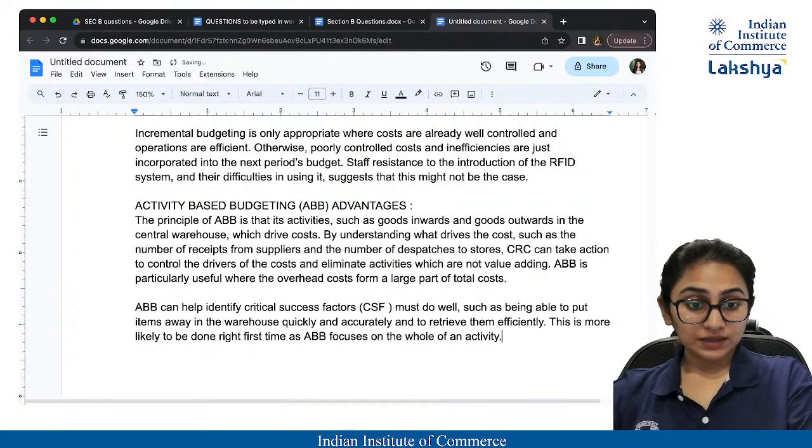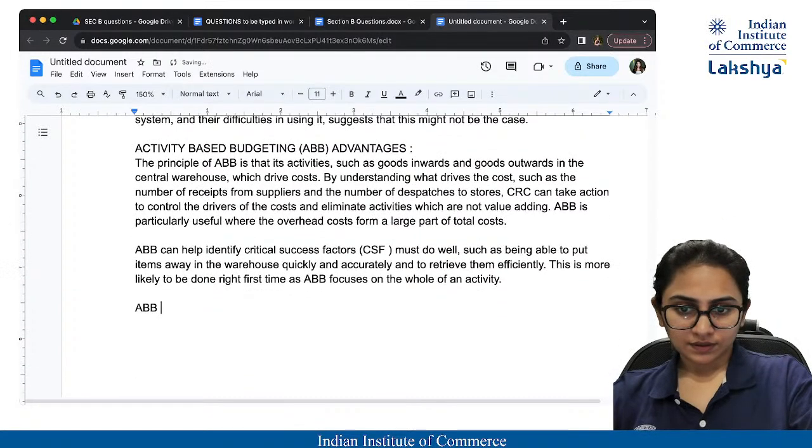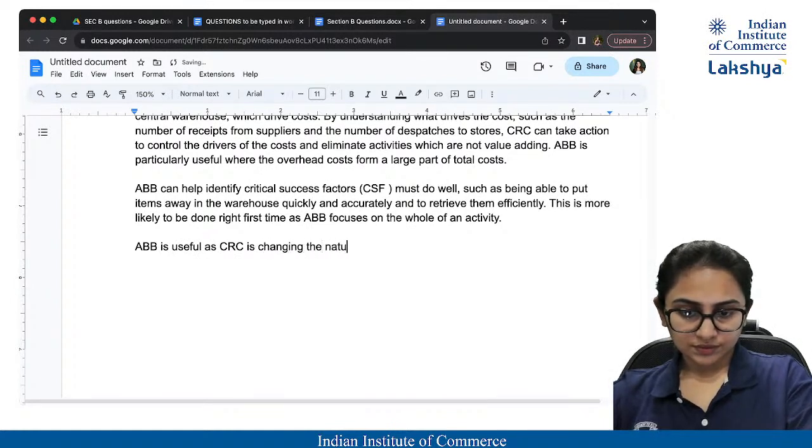It is based on ABC budgeting, right? ABB is useful as CRC is changing the nature of its operations.